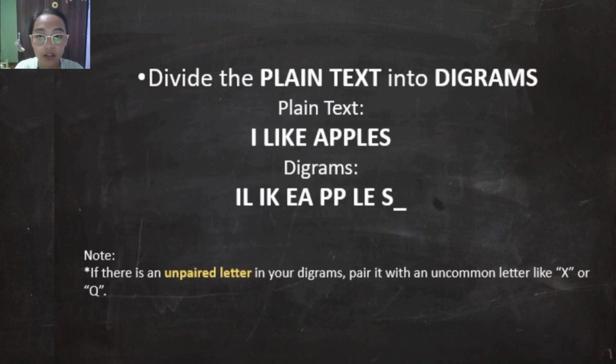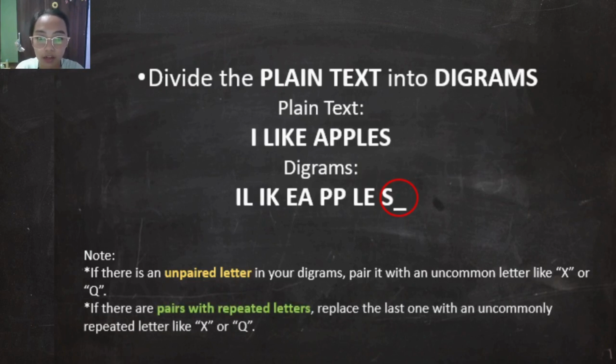Note that if there is an unpaired letter in your digraphs, you would likely pair it with an uncommon letter like X or Q, just like that. So we notice that the S at the end is unpaired since there are an odd number of letters in this plain text.